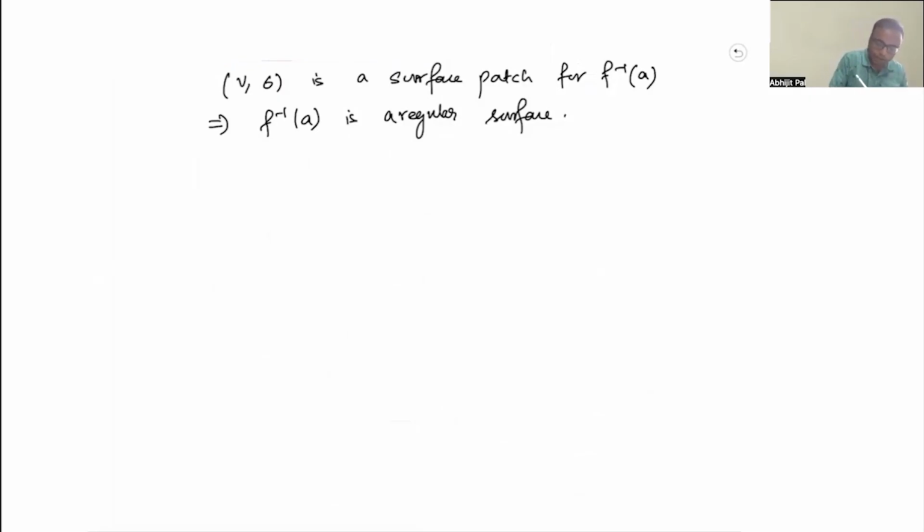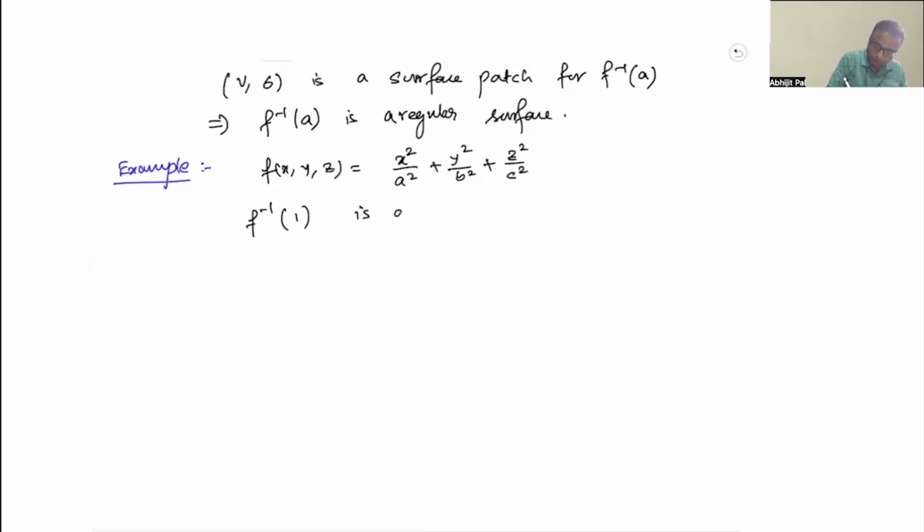Now again, if I go back to that example, if I take f(x, y, z) equal to x square by a square plus y square by b square plus z square by c square, then f inverse of 1 is a regular surface.